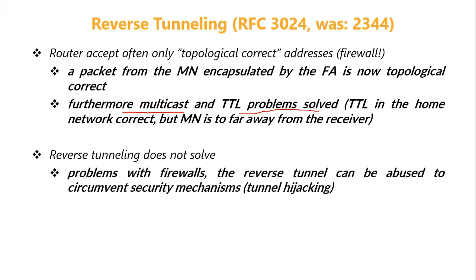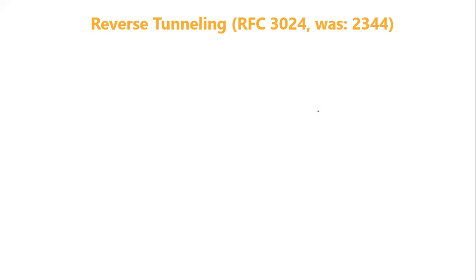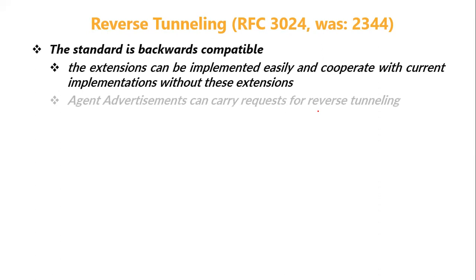But there are certain issues which reverse tunneling does not solve. Reverse tunneling can be abused to circumvent security mechanisms, as in tunnel hijacking. So this is one issue with reverse tunneling. Reverse tunneling is also backward compatible.